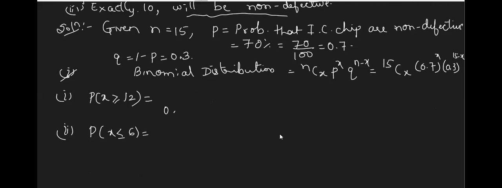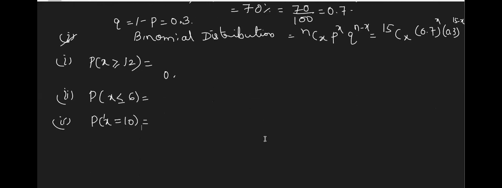How many values? 6 or 7? There are 7 values, because you have to start from 0 onwards. Okay. What is the last one? Last one is easy. Exactly 10 means equal to 10. Only one value. Okay. Do the calculation and you can complete the example.